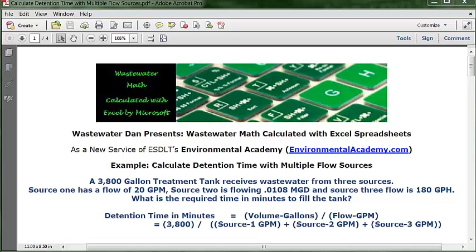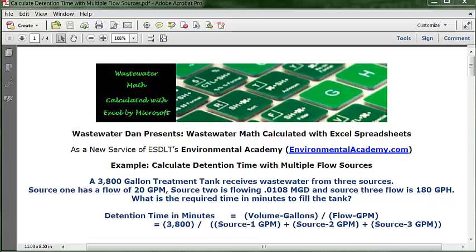And flow source number 2 has flow expressed as mgd, and we've got to convert it to GPM before we can insert it into this formula. And then we just simply add all 3 of those GPM flow rates together, and that's what we will use in the problem for dividing.